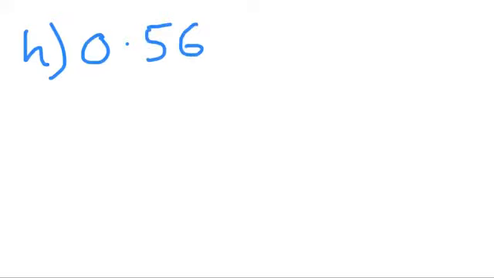We are almost finished, but I'd love to do one last complex one, which would be H, 0.568. Take it to percentage. How do you take it to percentage? It's simple.